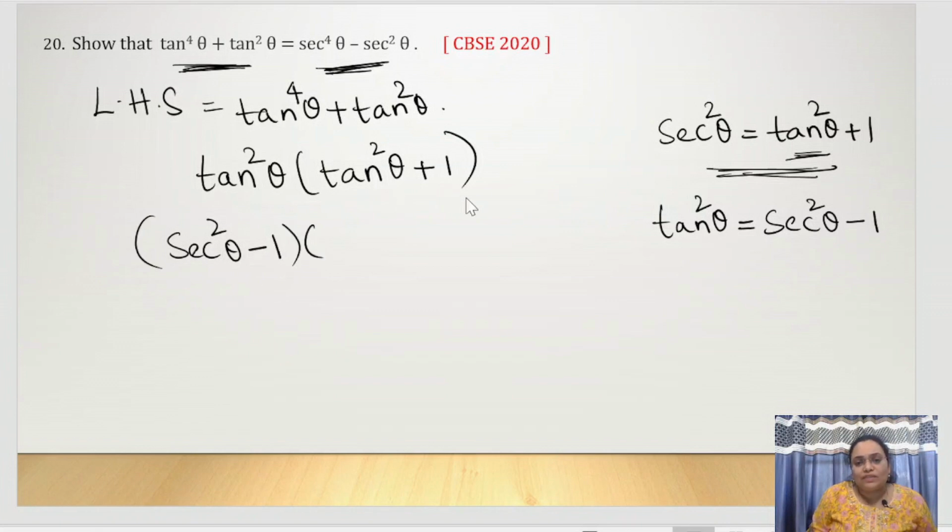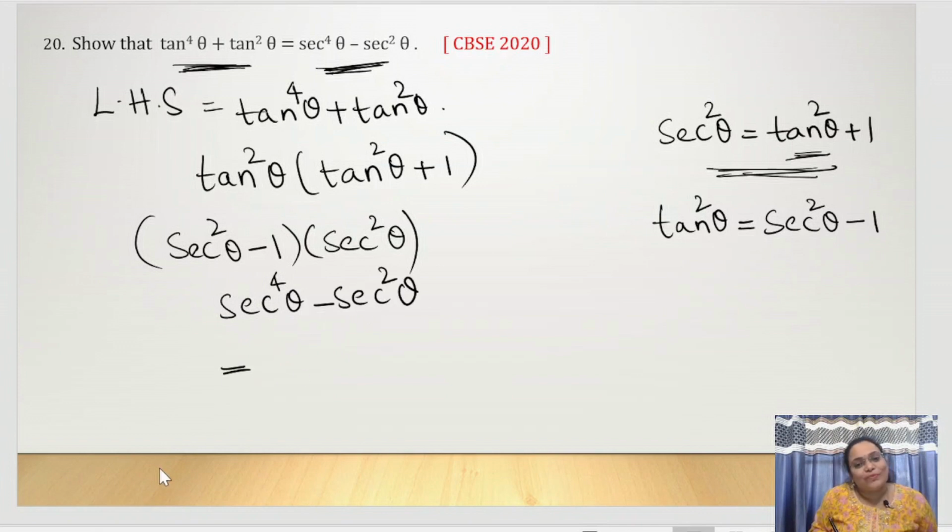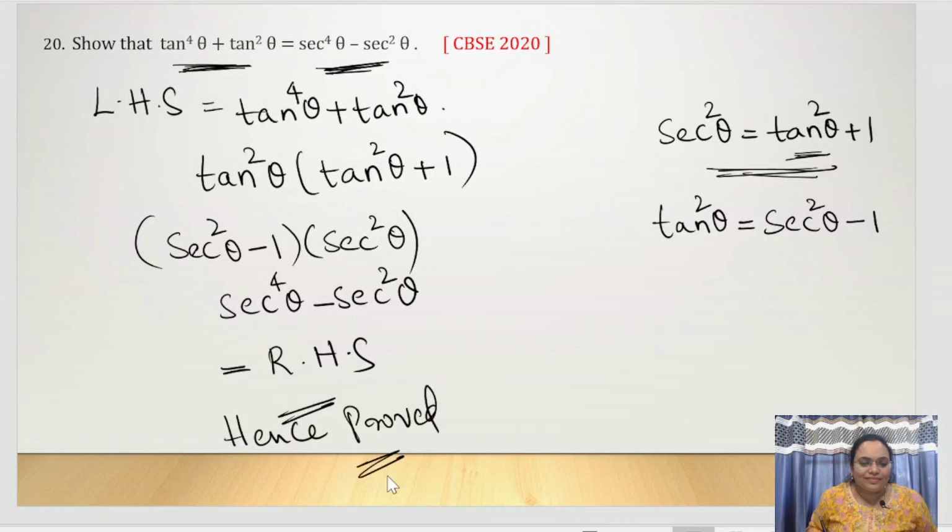Tan square theta plus 1 is secant square theta. Now multiply them. This will be secant power 4 theta minus secant square theta. So this is what we need to prove in the RHS, right? This is our RHS. Hence proved.